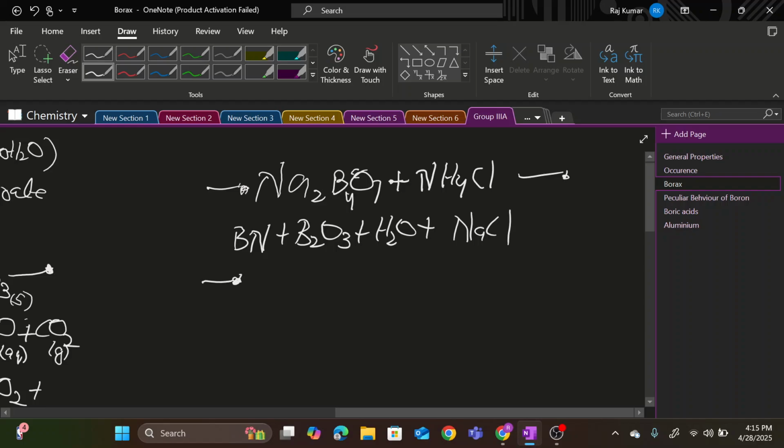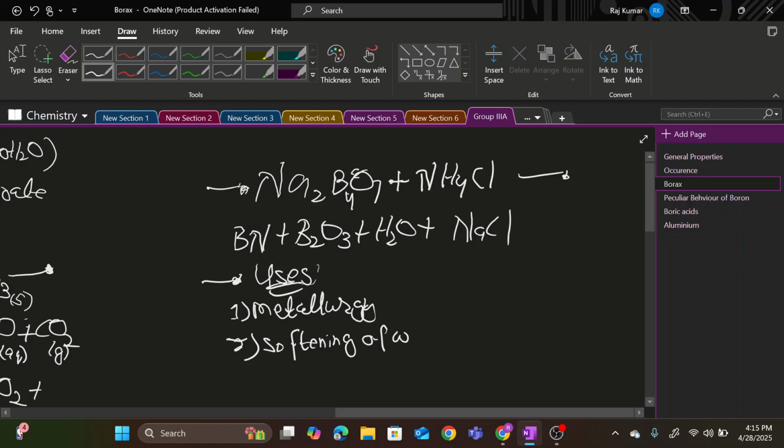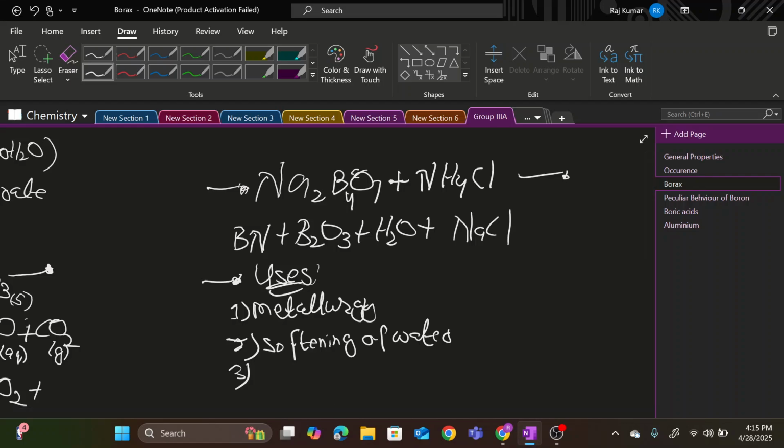And the uses of borax are such that it is used in metallurgy and for welding purposes. It is used as a flux in metallurgy, a flux for welding. It is used for softening of water.